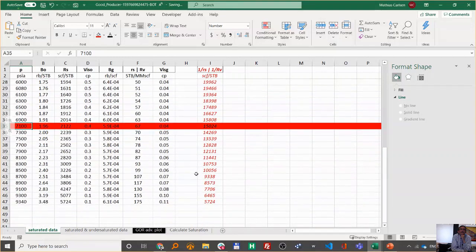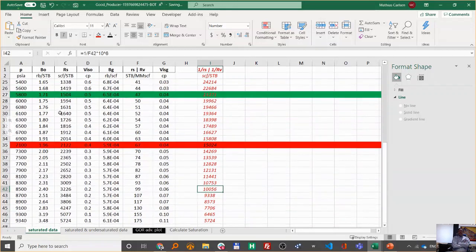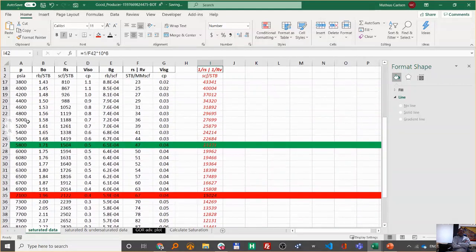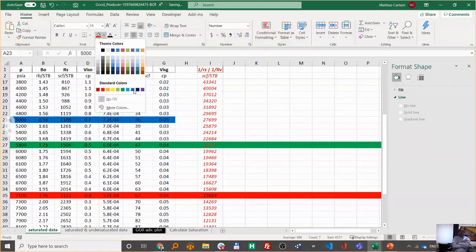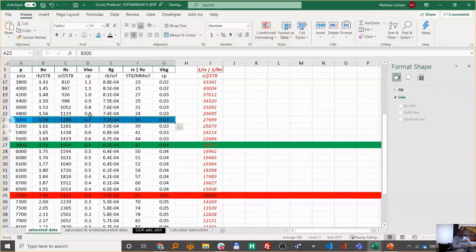In this particular case, we see that the GOR is 10,000 right here, but that corresponds to a saturation pressure of 8,500, which is actually above the pressure that we've been given. So we know that we are at saturated conditions in situ. So then we simply need to find the properties associated with 5,000 in this table right here.